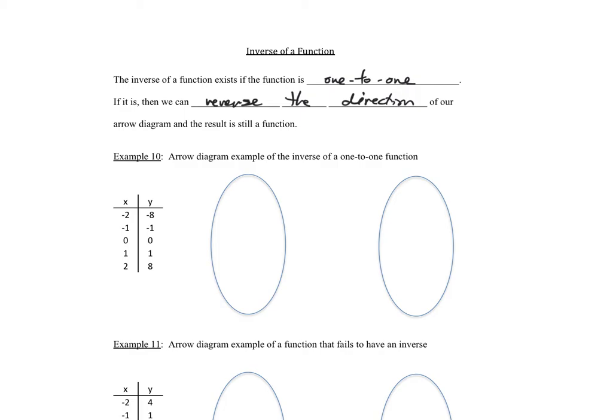Let's make this idea clearer by looking at an example. In example 10, we're starting off with a function y is equal to f of x. In other words, the input values are going to be the x values. So let's label those on the left. We have -2, -1, 0, 1, and 2.